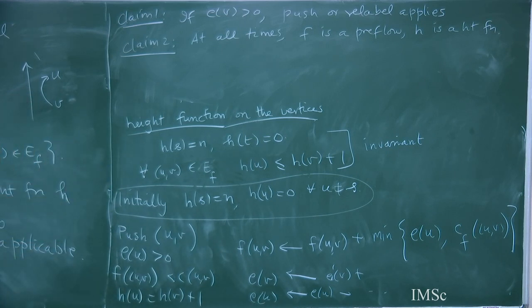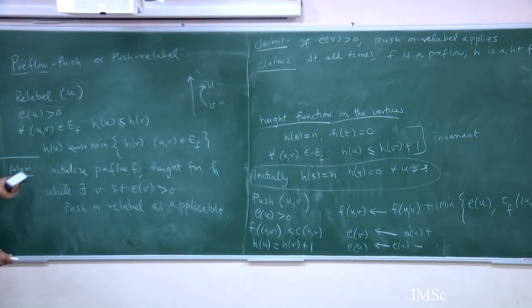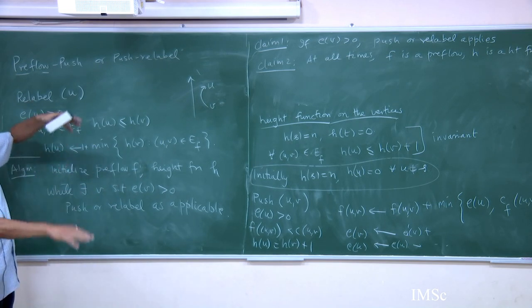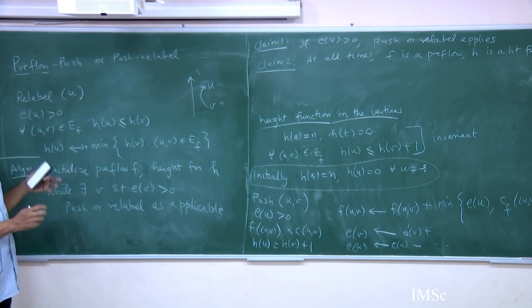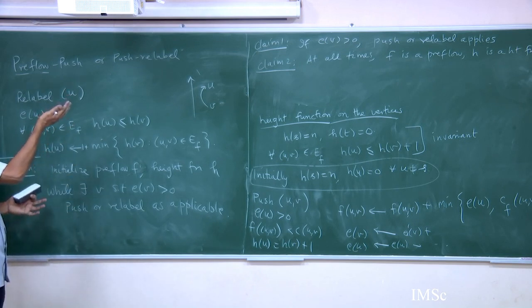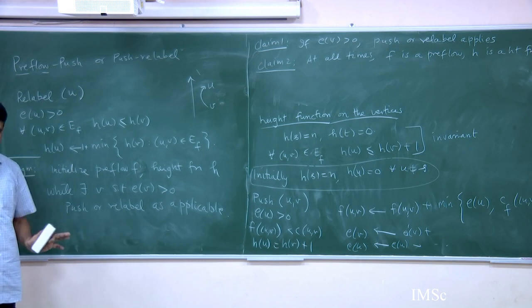When you do relabel, you are increasing the height of a vertex, and you are doing it carefully, with the min. So for any other edge, it's still less than or equal to. For one edge, it will be equal, and for any edge coming into it, no problem. You are only increasing the height of this vertex. But you need to argue all of this carefully.